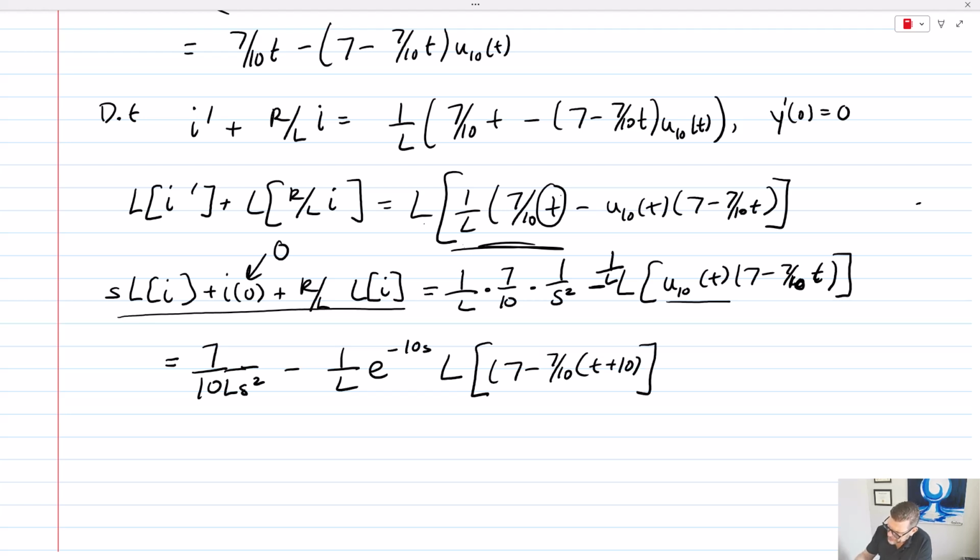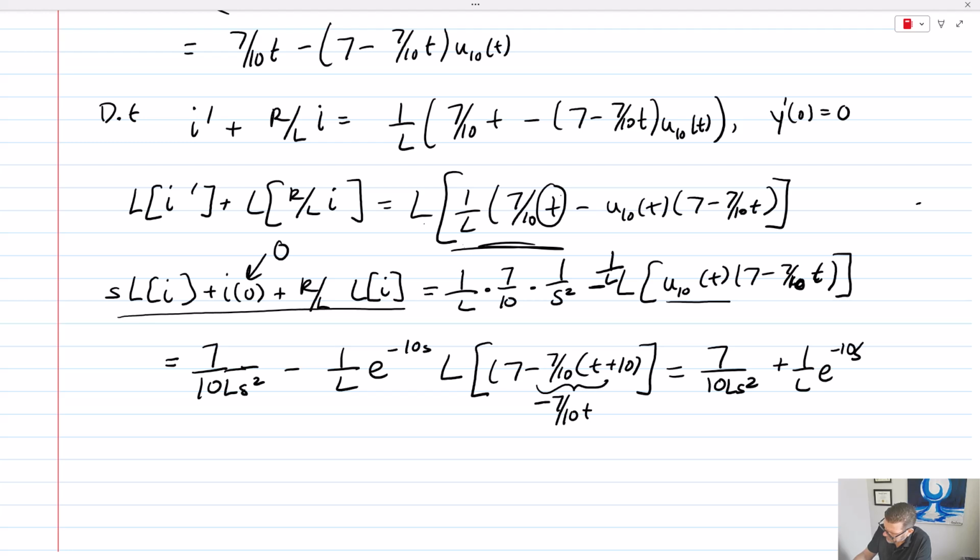If we go in and we do a little bit of algebra, basically multiplying 7/10 by t plus 10, what we end up getting is this is equal to now 7 over 10L s squared minus 1 over L e to the negative 10s. And this whole thing here is just negative 7/10 t.